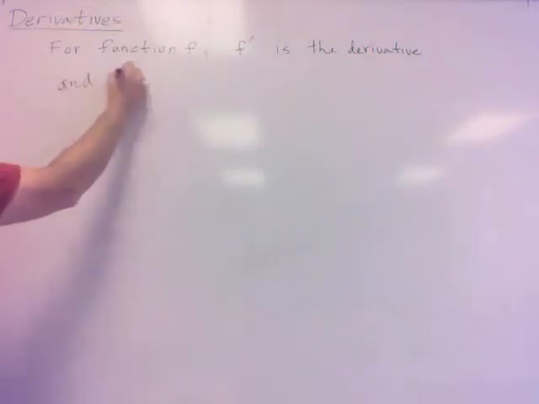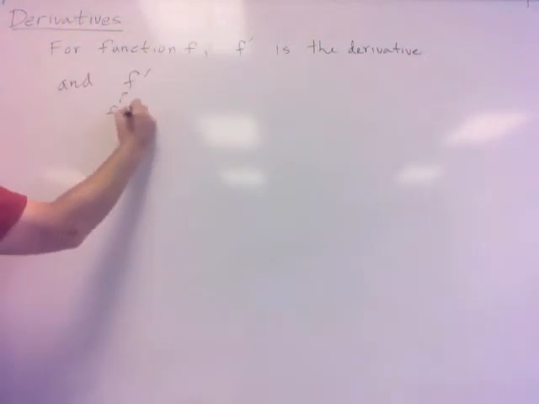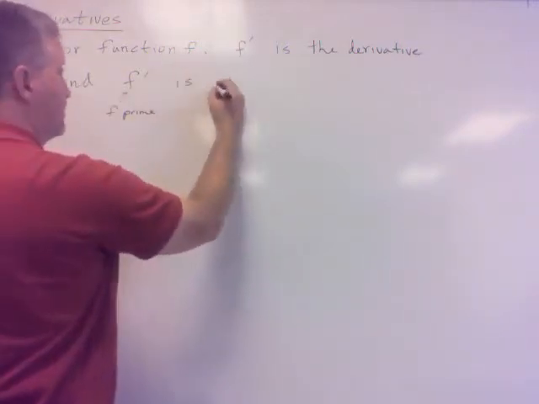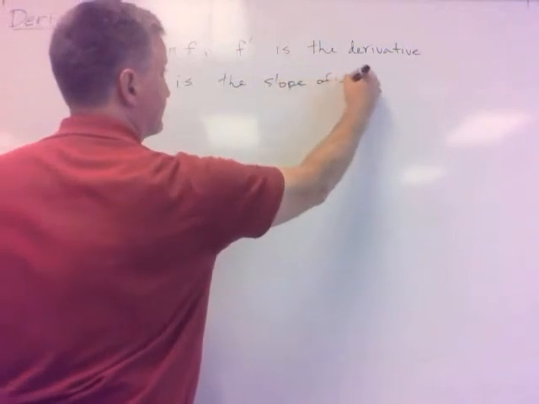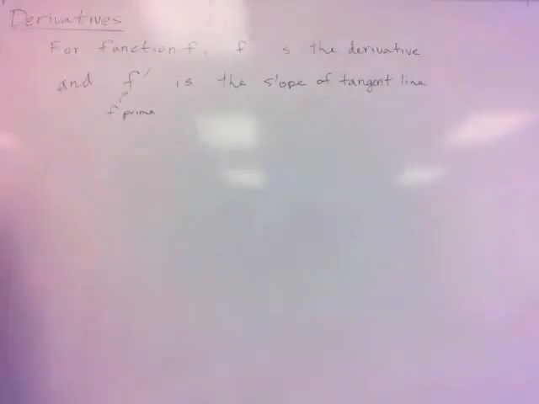And it should be noted, f with a little mark, which we sometimes read as f prime, does mean the derivative. F prime, the derivative of f. We'll call it different things at different times, but f prime for short is the slope of the tangent line at each particular value.